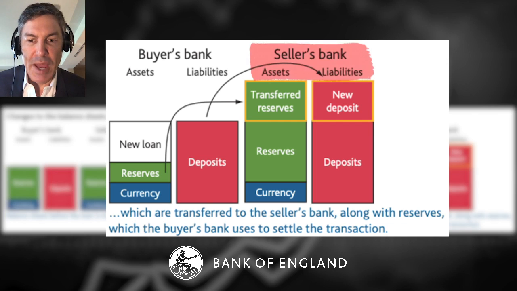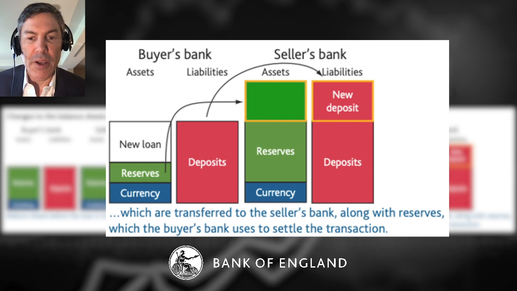The seller's bank would now have an additional deposit or an additional liability. But the bank reserves would have to be transferred over to match up with that new liability.